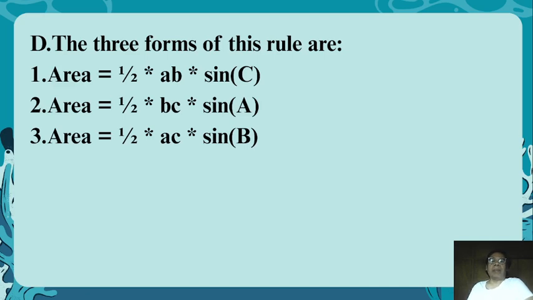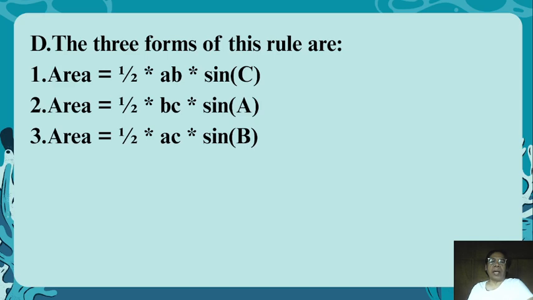Next, if the two sides small b and c are given, and the included angle of that, of course, is angle A, the formula will be area is equal to 1/2 times small letter b times small letter c times sine of capital letter A. Next, number 3.